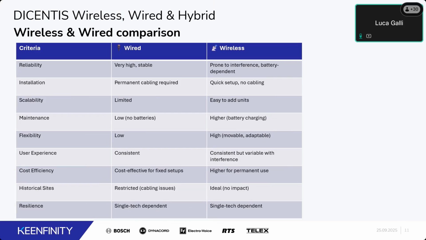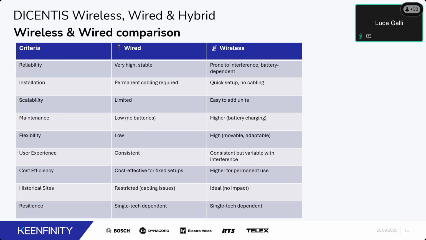Wireless units are, of course, more sensitive to interference and are battery dependent. If we look at flexibility, wired has lower flexibility than wireless, because wireless can be moved and adapted to different environments. If we look at cost efficiency, as an example, wired is cost effective for a fixed setup, and wireless is higher for permanent use.